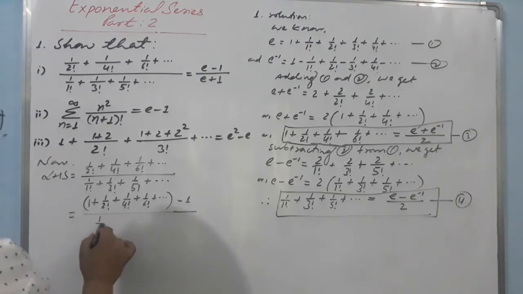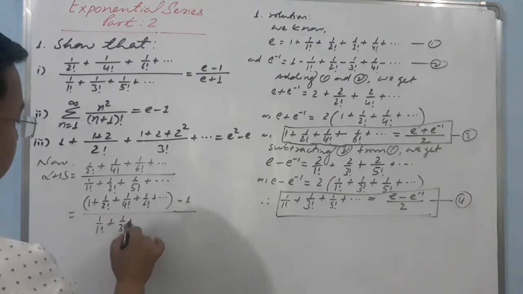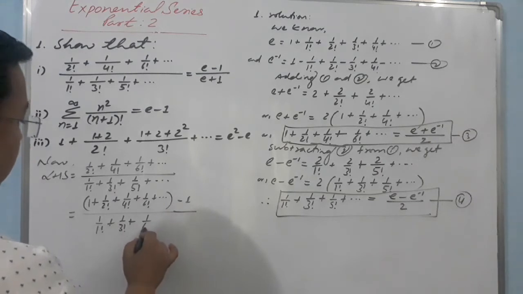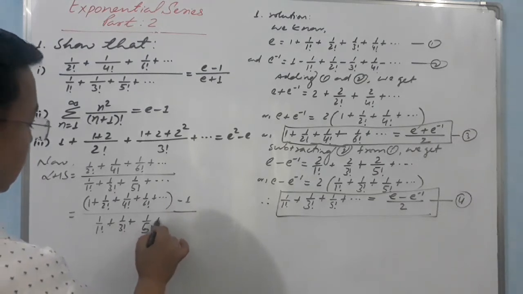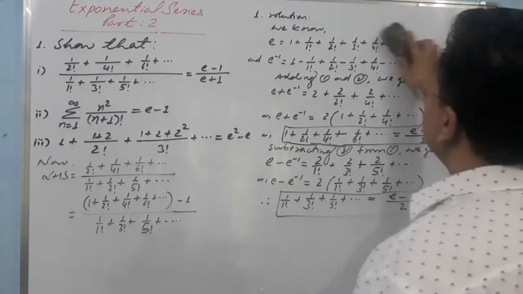In the denominator we don't want anything: 1 upon 3 factorial plus 1 upon 5 factorial and so on. Now I'm going to write down here.